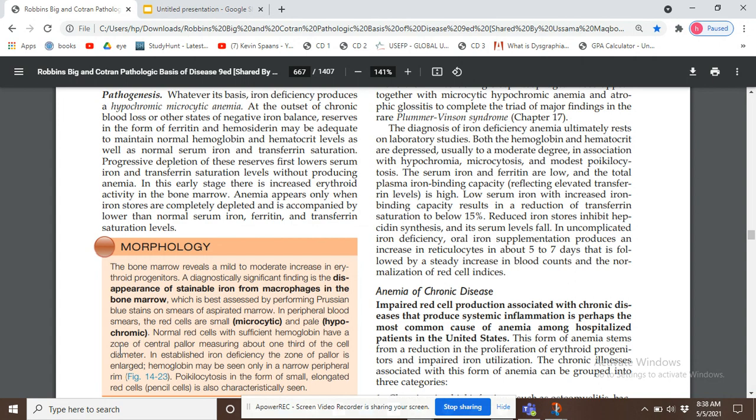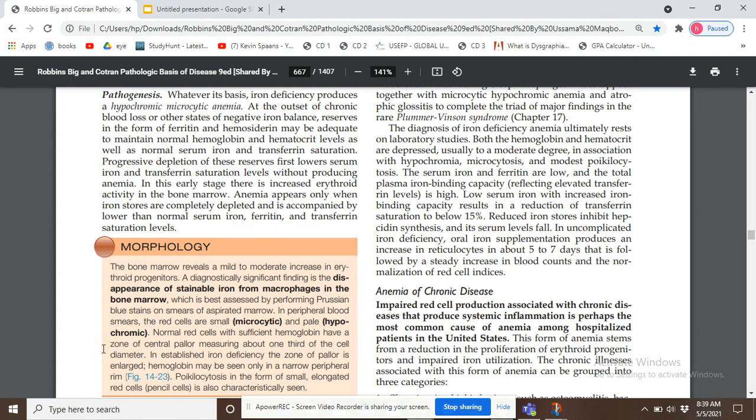Due to the presence of sufficient hemoglobin, only the central one third of the cell is pallor, because of the absence of hemoglobin in that area. The surrounding two thirds is red because of hemoglobin. But in microcytic hypochromic anemia, the pallor is increased. It will be more than one third because of the lesser amount of hemoglobin.